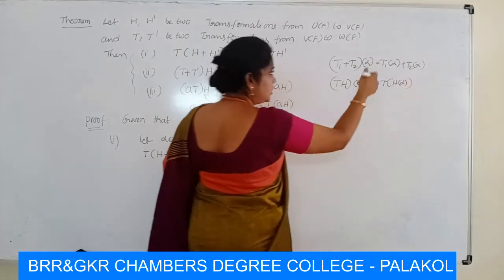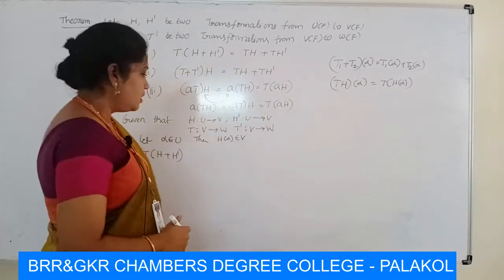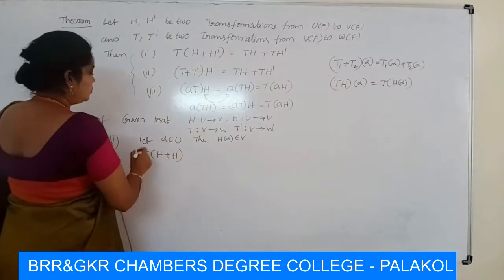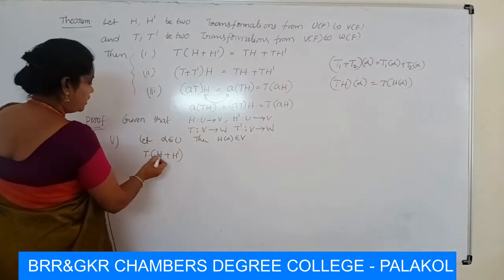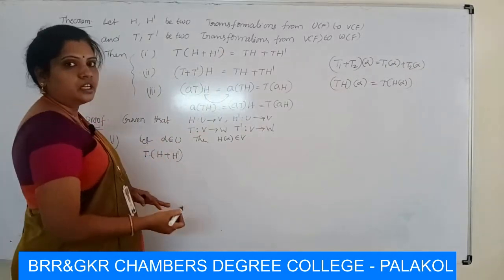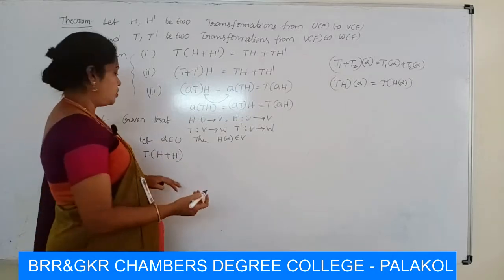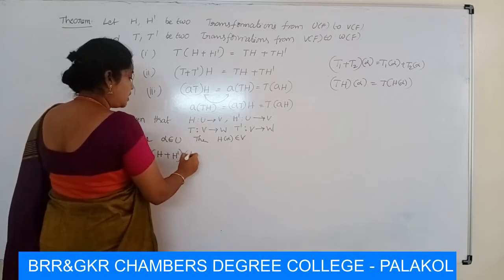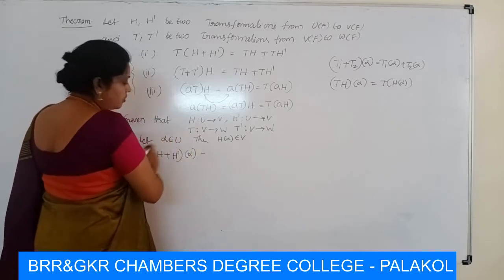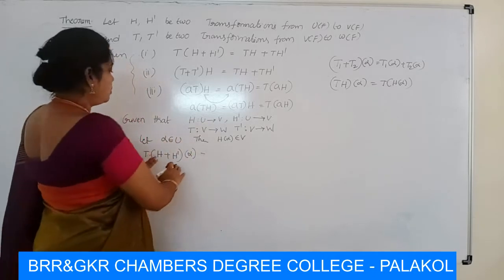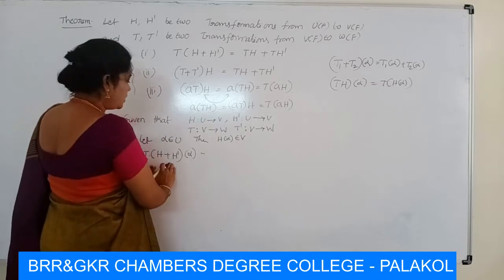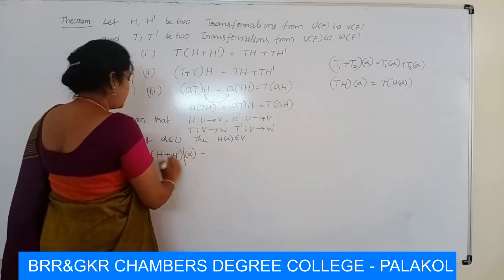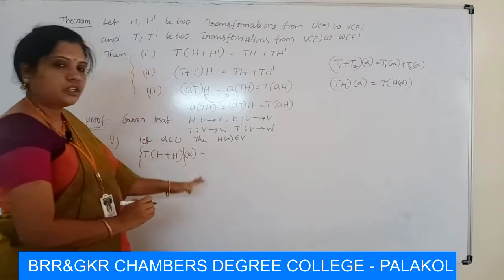So now using these two definitions in this theorem, T is a product, H plus H dash is a sum of the transformations. Now applying the arbitrary element alpha, we evaluate the value of this function: T into H plus H dash of alpha.